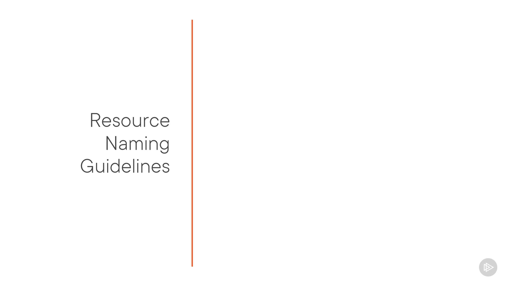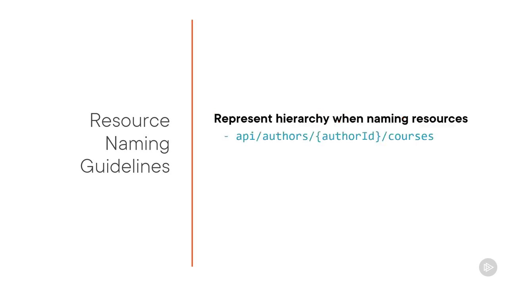Another important thing you want to represent in an API contract is the hierarchy. Our data, or models, have structure. For example, an author has courses. That should be represented in the API contract. So, if we want to define an author's courses, where the courses in the model hierarchy are children of one author, we should represent them as you see on screen.